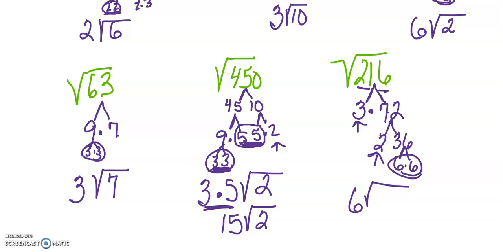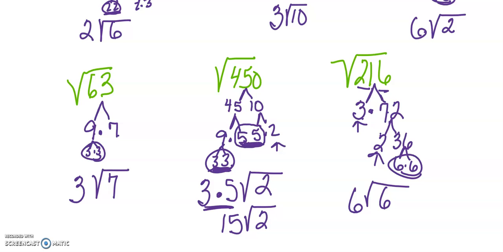They don't have 2 of a kind. These are individual terms that don't match up. Both of those numbers, the 3 and the 2, have to stay inside the radical. And we're going to multiply them back together. 3 times this 2 gives us a 6 on the inside.